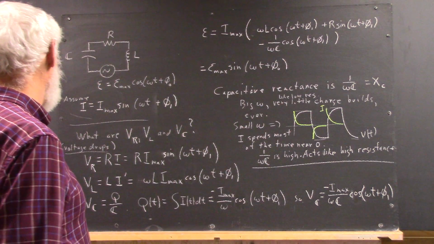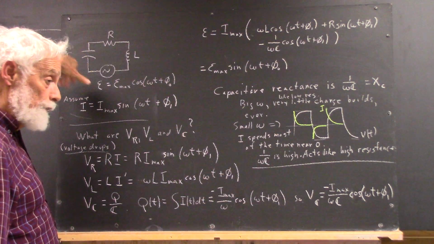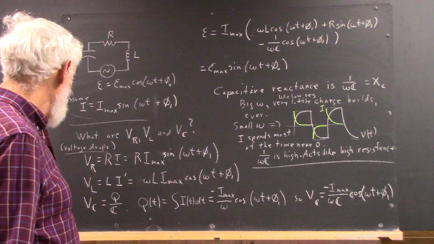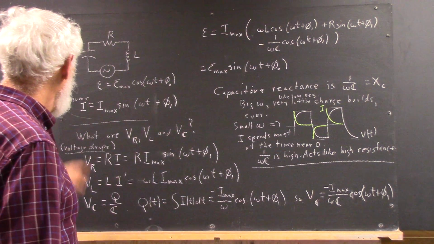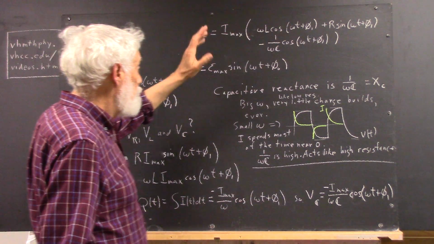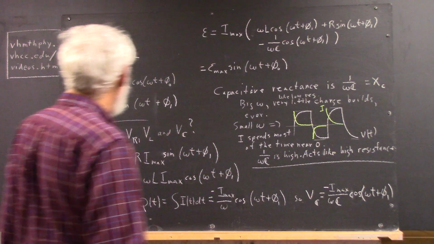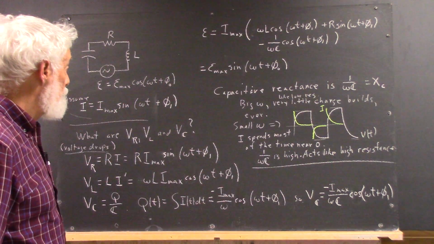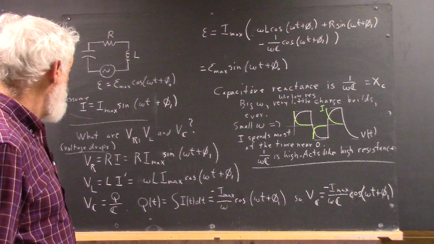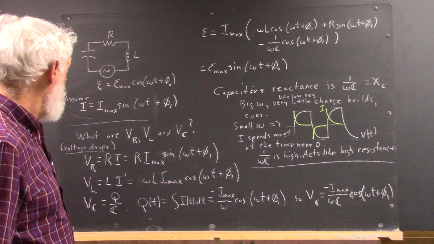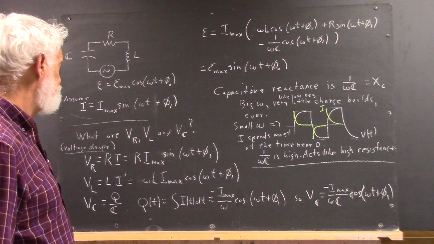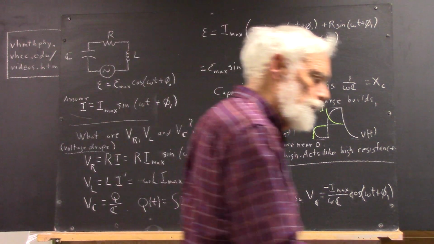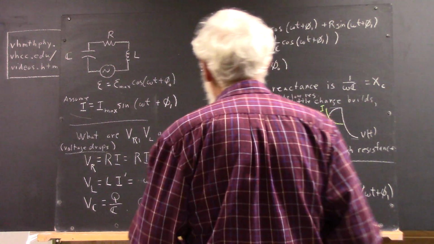Which means, of course, since the total voltage drop around the circuit is 0, that the EMF is equal to the sum of the voltage drops. So now we know what our EMF is here. For some reason, I've got a cosine in one place and a sine in the other.